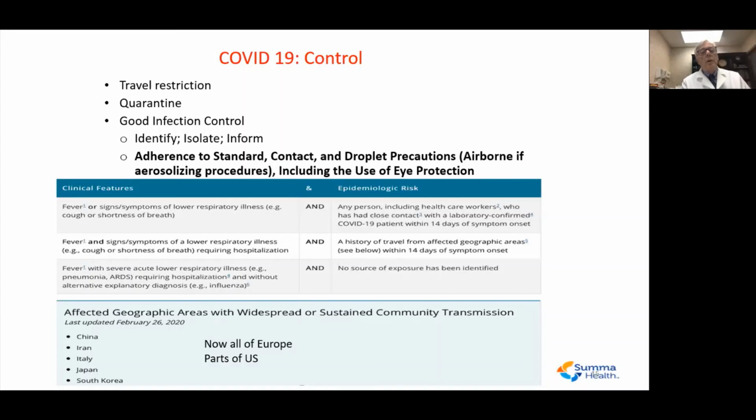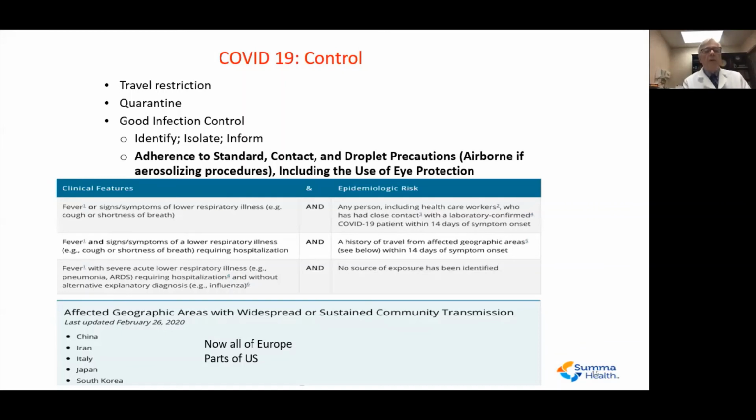Early in the course of trying to contain this, when we would see patients in January and February who would come from particularly China or later Italy, what we had as a slogan in our infection control department was: identify, isolate, and inform. That simply means that everybody that came to our healthcare facility, we would ask them about their travel history.